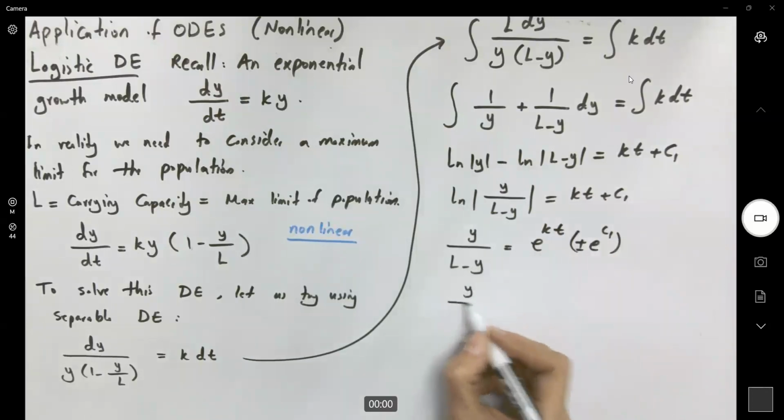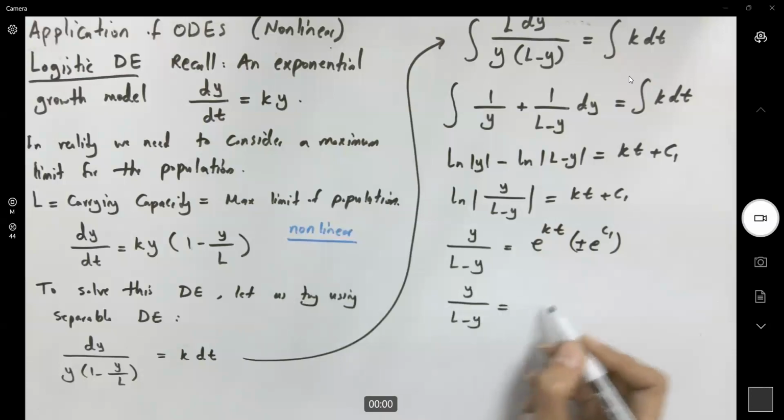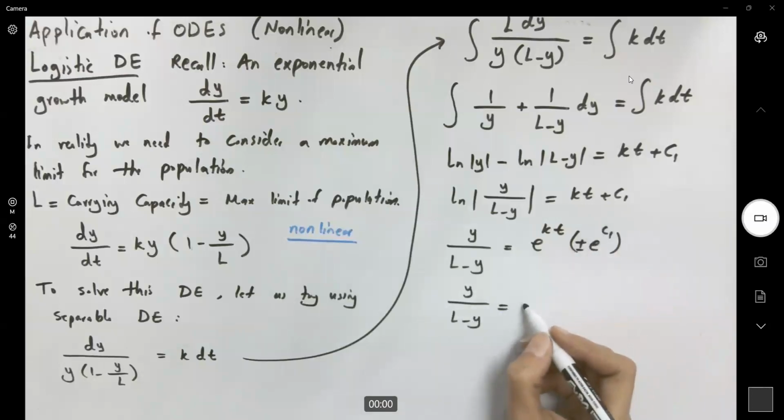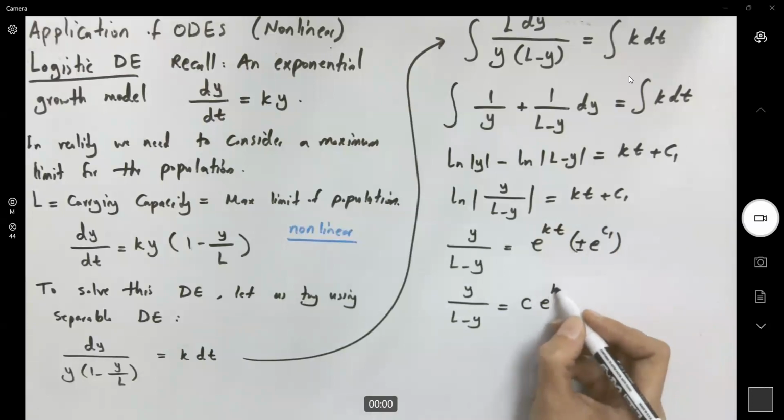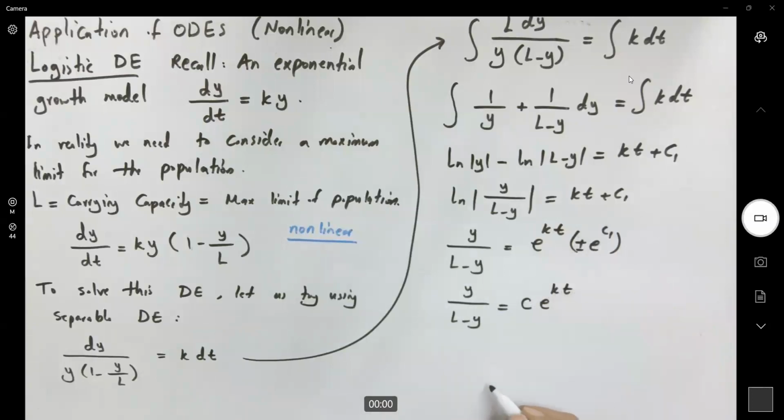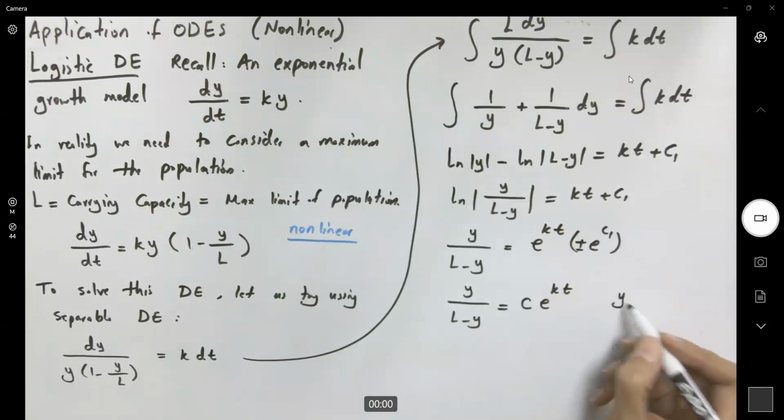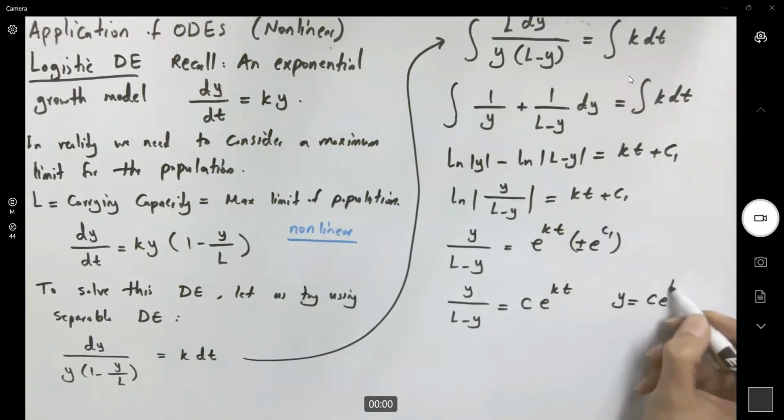So y divided by L minus y is equal to, let's call it, for example, c e to kt. Now we can isolate y on one side. How do we do that? Multiply both sides by L minus y. So pure algebra, y becomes c e to the power kt times (L minus y).